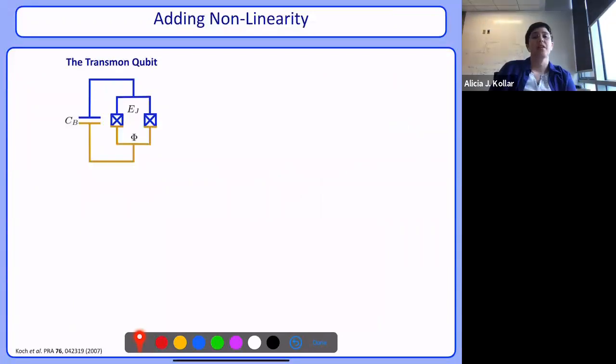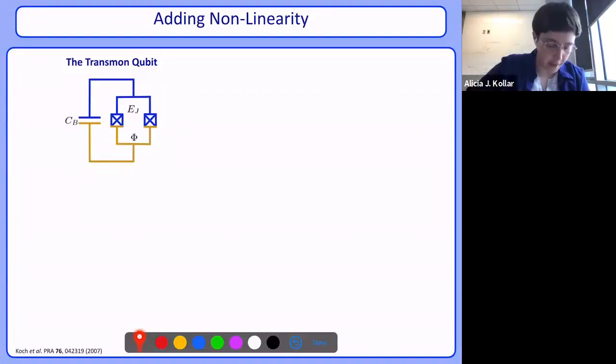The other half of our building blocks is something that we can use to add nonlinearity to the system, and these are superconducting qubits. The current most common qubit is the transmon qubit. It's shown schematically here. It is a capacitor in parallel with a Josephson junction. For those of you for whom those are familiar words, that's fine.